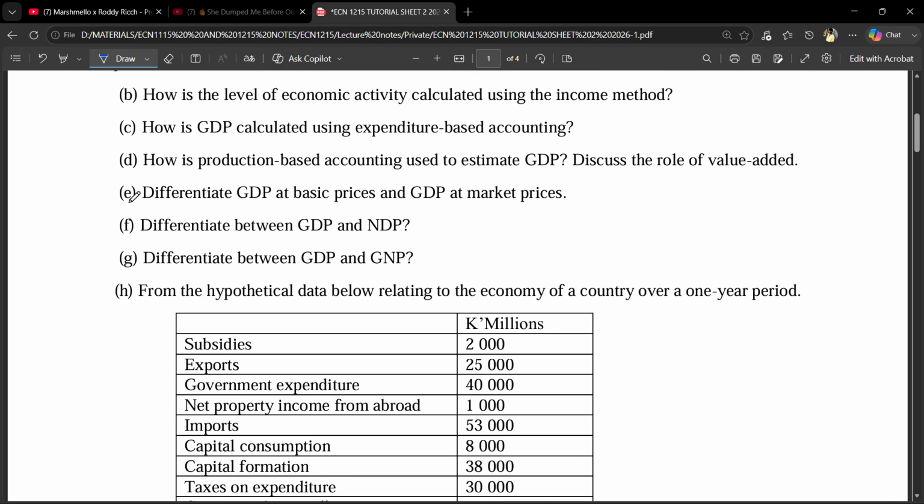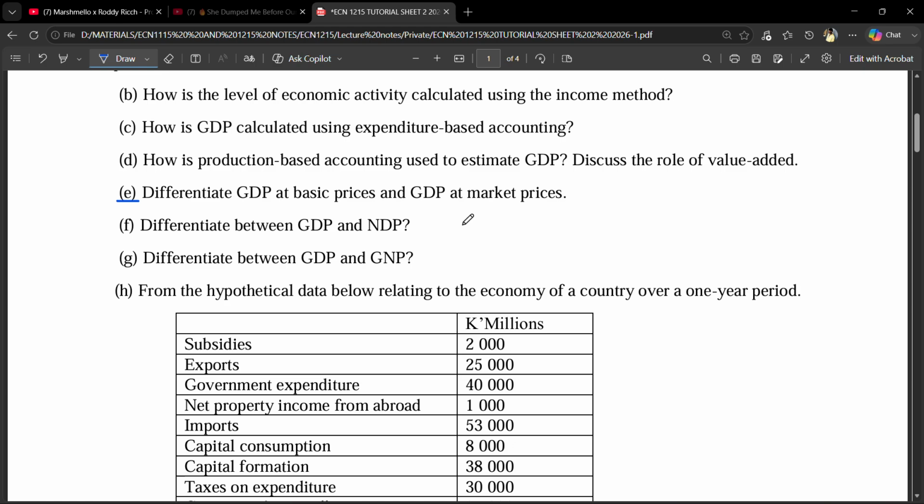Okay, we move on. Our E is saying differentiate between GDP at basic prices and GDP at market prices. GDP at basic prices is measured by subtracting taxes. This is simply the amount that producers, those people that produce goods and services, get after whatever they produced.